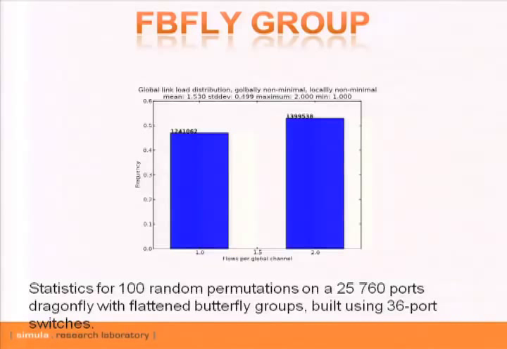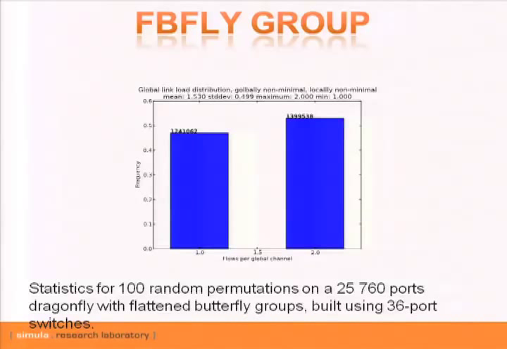And we have collected statistics for 100 random permutations. I would say it's a sufficiently high number. And we've done it for the maximum size Dragonfly that can be built of 36-port switches. And this consists of more than 25,000 terminals.